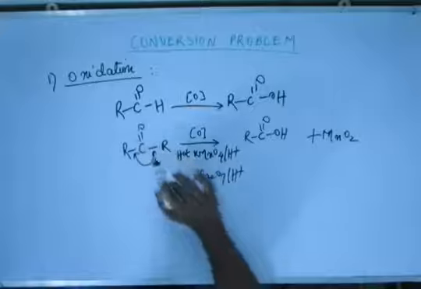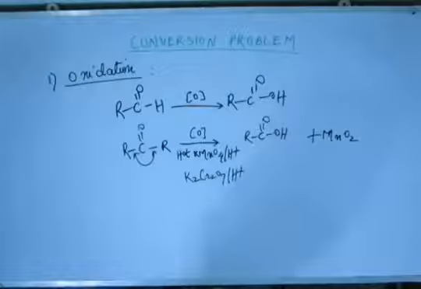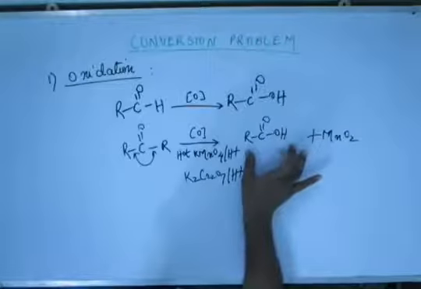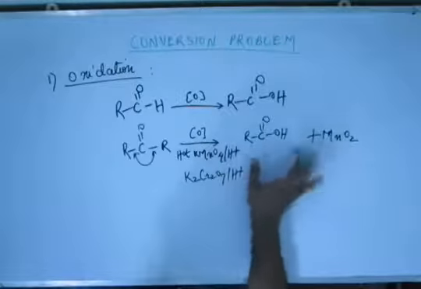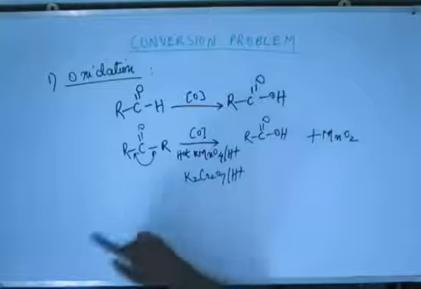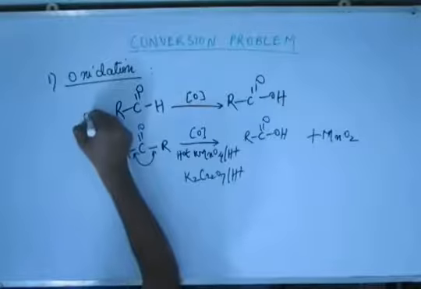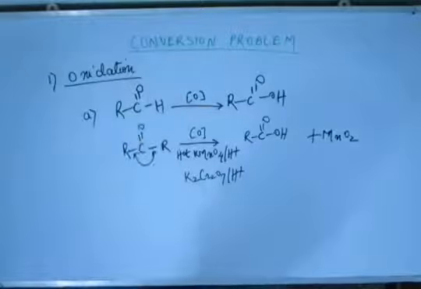So this is not a good method of preparation, but nevertheless, if you have oxidation, you will get carboxylic acid. So this is one of the methods of preparation, by oxidation of carbonyl compounds. So these were carbonyl compounds. You have aldehyde and ketone. When you oxidize aldehyde and ketone, you get carboxylic acid. That's one way of doing it.